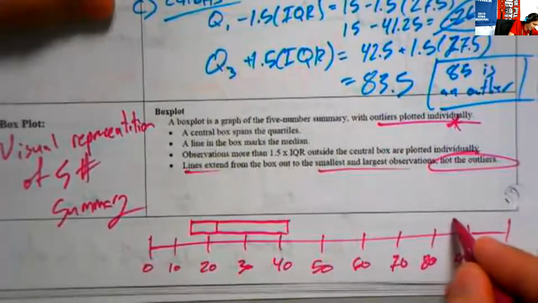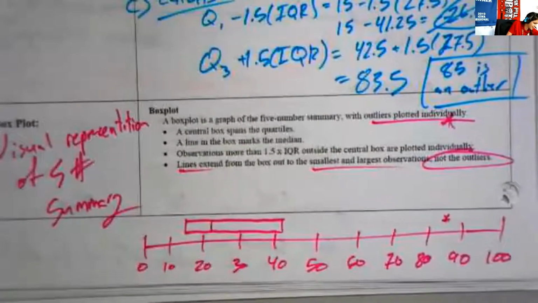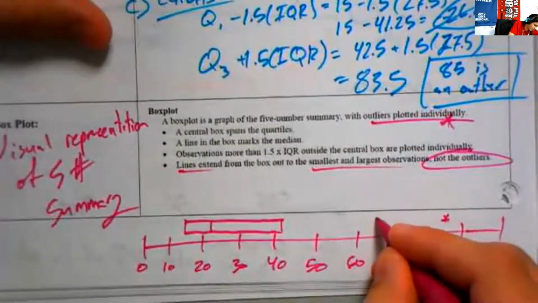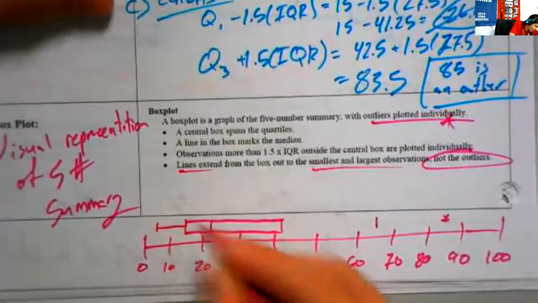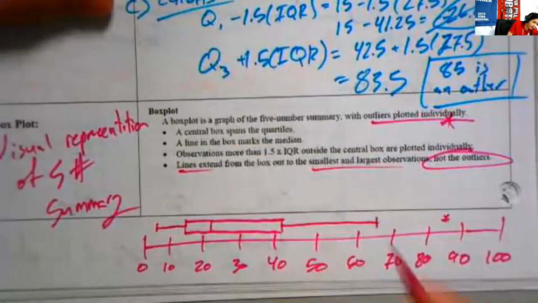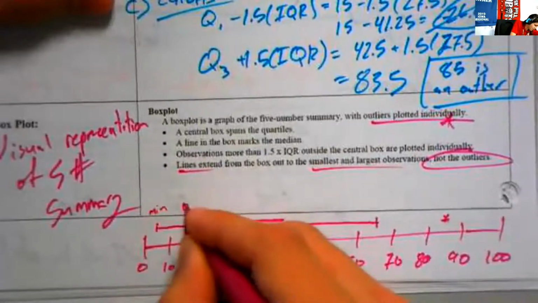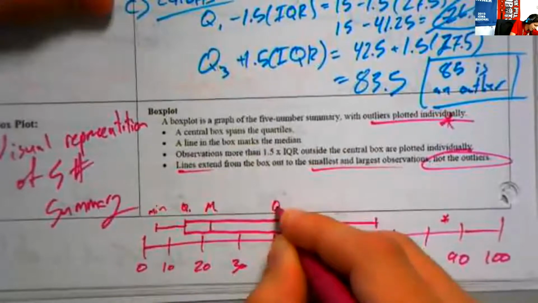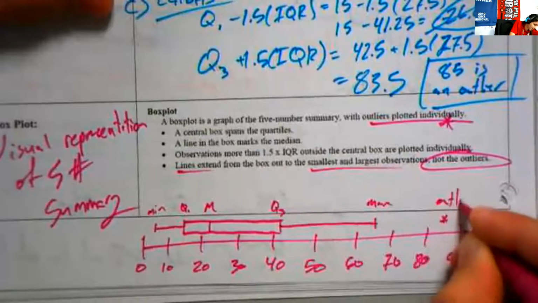So I'm going to plot that outlier up here at 85. The biggest thing that's not an outlier, I believe, is 65. So I will put a line at 65, a line at 5, connect that up, and I've got my min, my Q1, my median, my Q3, my max, and my outlier.